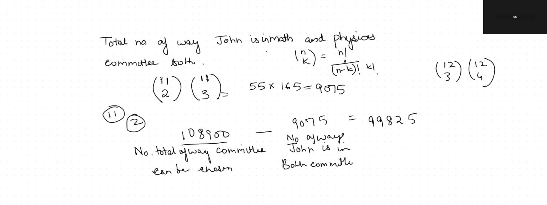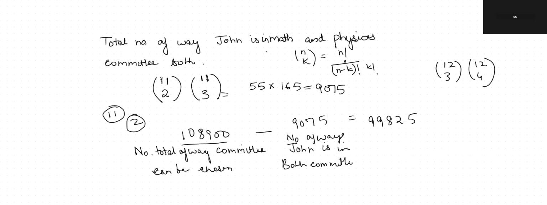Same with physics: when he is already in the physics committee, 11 teachers are left and we have to choose three from that. 11 choose 3 gives the number of ways to select three teachers out of the 11 remaining for the physics committee.